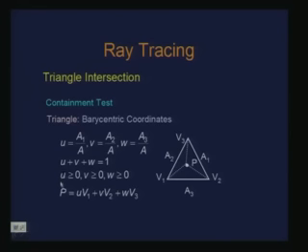If these two conditions are satisfied, then the point is inside, otherwise the point is outside. So, where else can we use these barycentric coordinates, which we have already studied earlier?